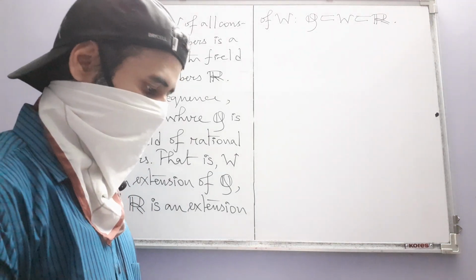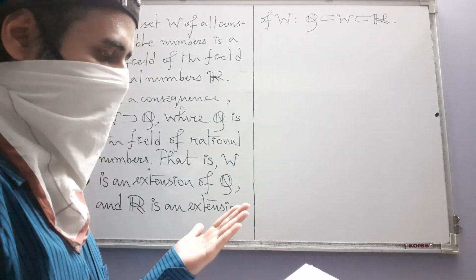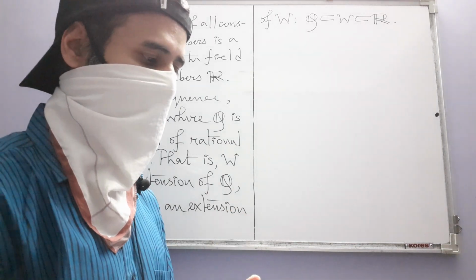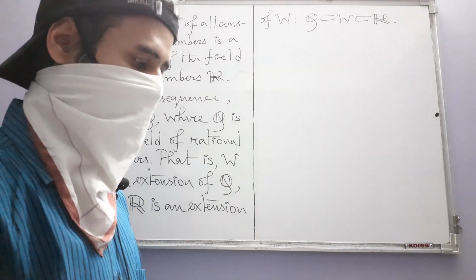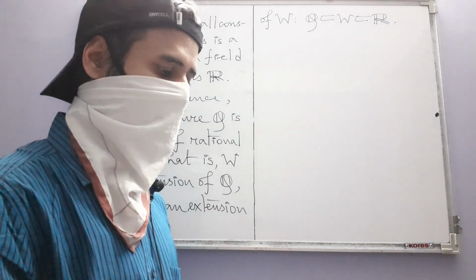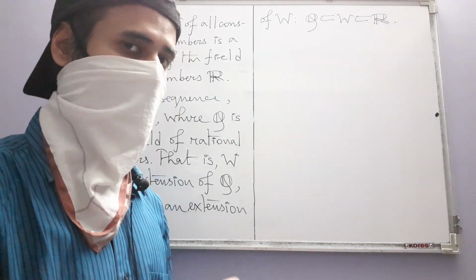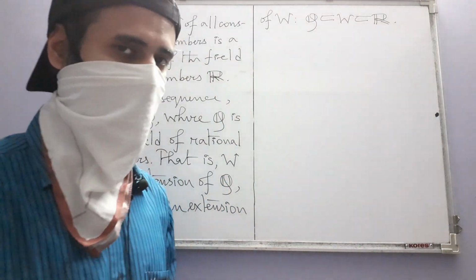Now, before moving on, the author simplifies the phrase construction by straightedge and compass to simply construction. So, for example, if we have to say constructible number or constructible something by straightedge and compass, that part will be suppressed.